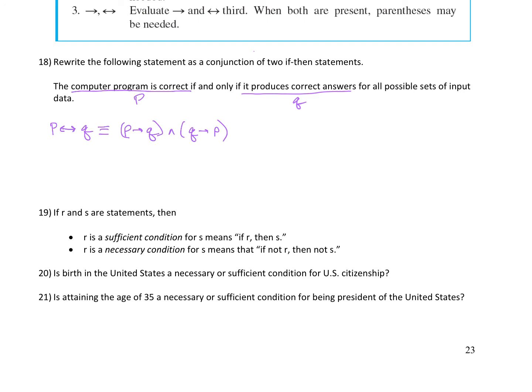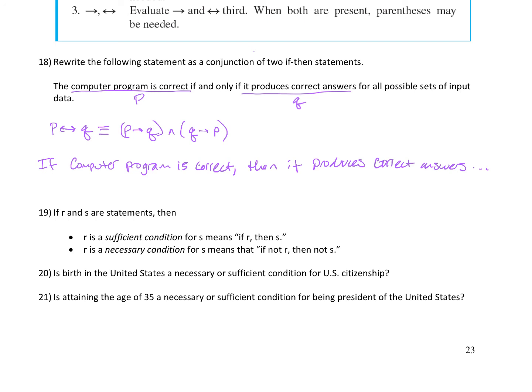So P implies Q says that if the computer program is correct, then it produces correct answers for all possible sets of input data.